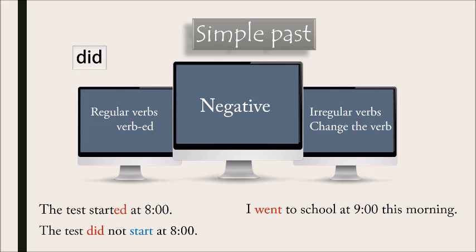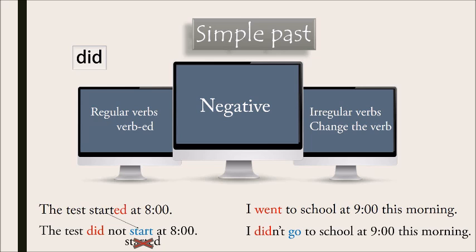So we put not with did, and the main verb comes to the basic form, start, and not started. And the other one we have, I didn't go to school at 9 o'clock this morning. So didn't makes the negative, and the main verb comes to the basic form, go. Okay, so we don't use here went.